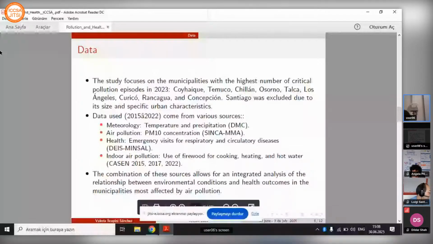In this case, indoor pollution is a dummy variable if you use or do not use solid fuels in the home. With the combination of these different data, we built a big panel from 2015 to 2022.